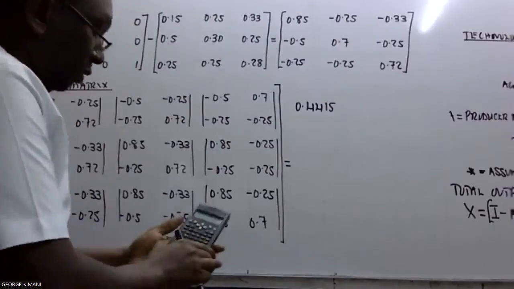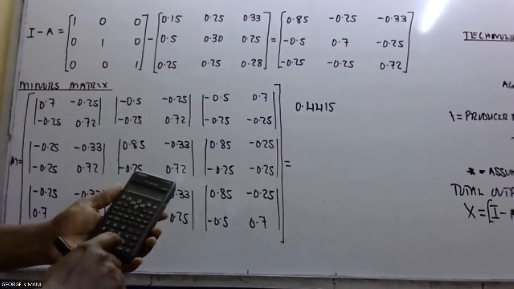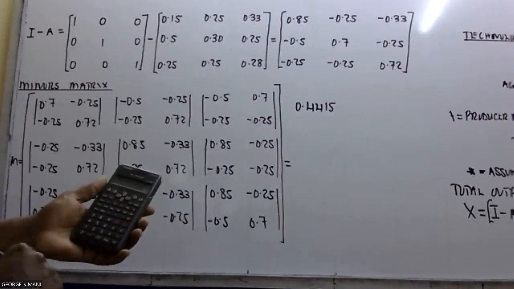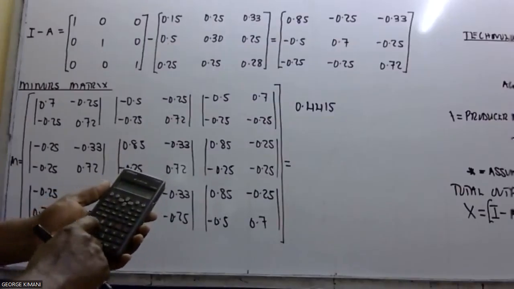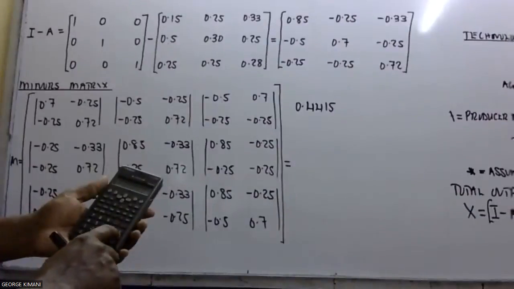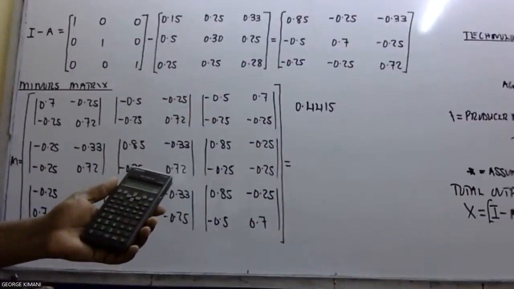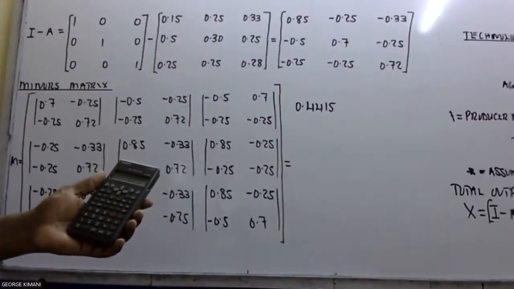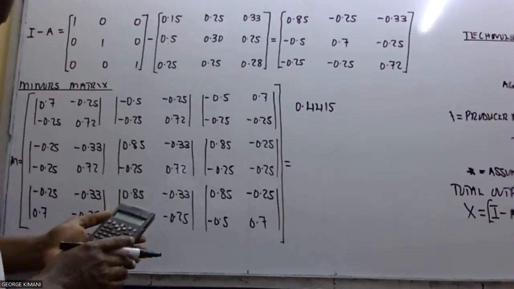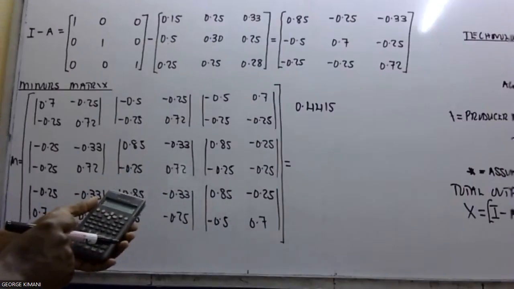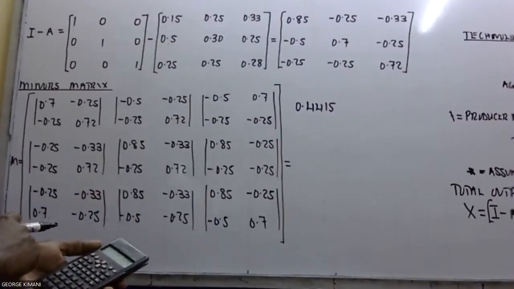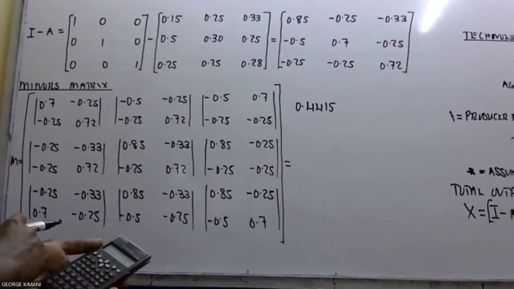Yeah. You get minus 0.5 times 0.72 minus minus 0.25 times minus 0.25 equals minus 0.5 times 0.72 minus 0.25 times minus 0.25.